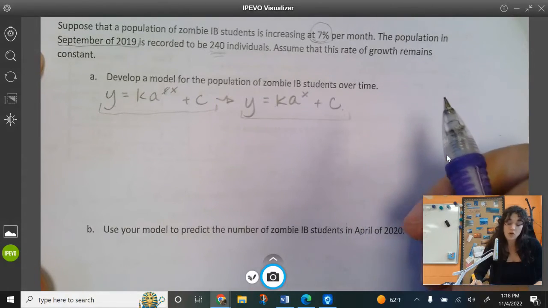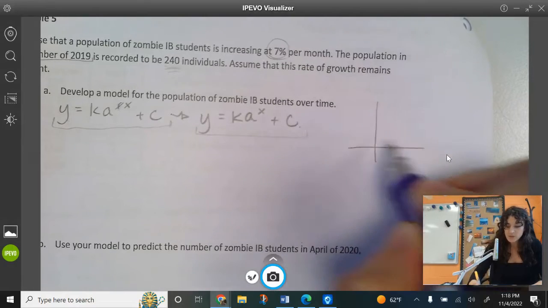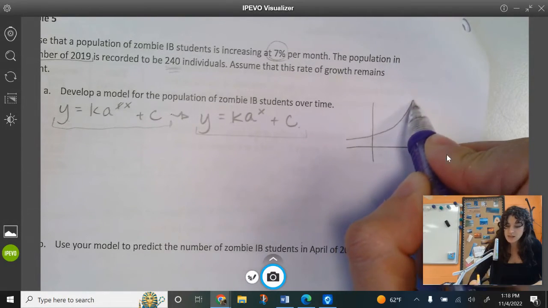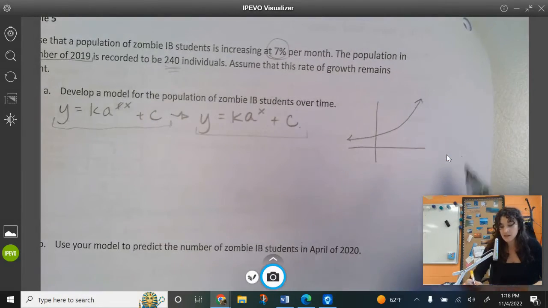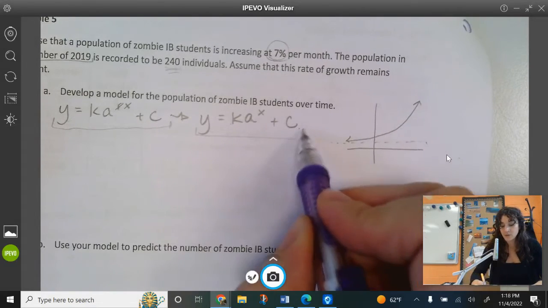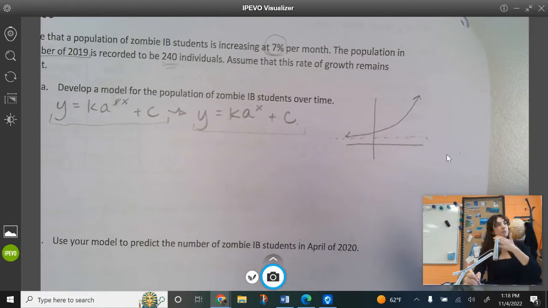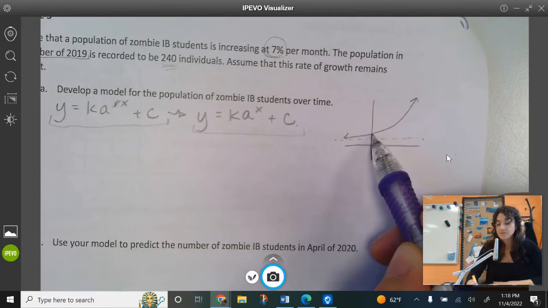So if it's a growth, think about it for a minute. If it's a growth, that means it's going to look something like this, which means I'm going to have a horizontal asymptote that goes like this for my C, right? And so then I have to think about, in the context of this problem, what would be my horizontal asymptote? Excuse me.